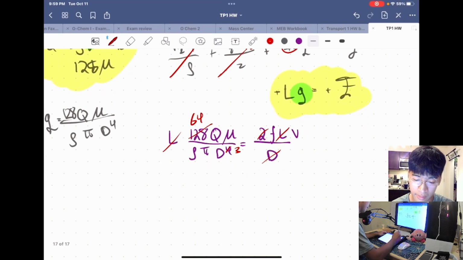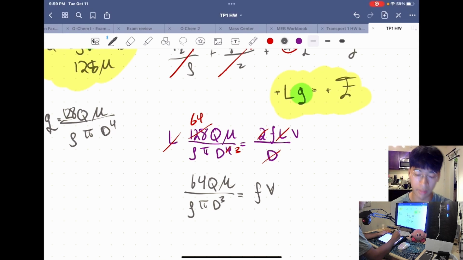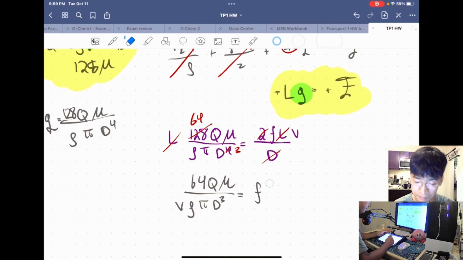Okay, so let's go off and see what we can do here. 64 Q mu over rho pi d cubed equals fanning friction factor multiplied by v, right? I can bring the v to the other side, like so. And let's not lose heart.